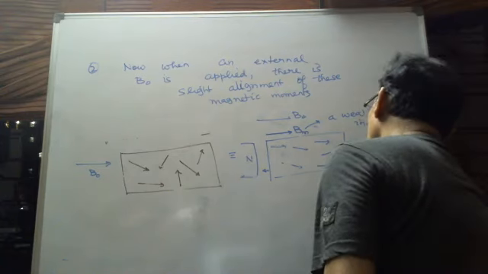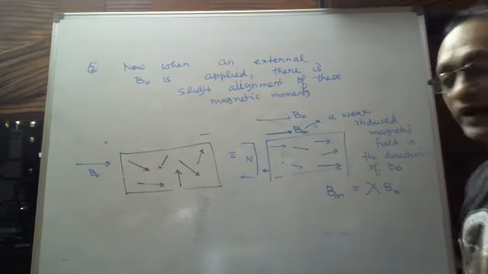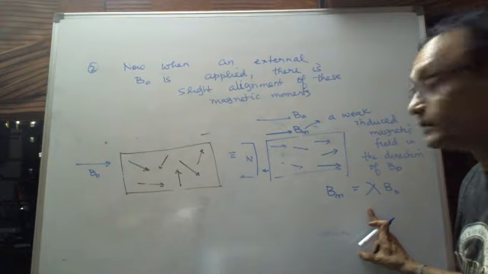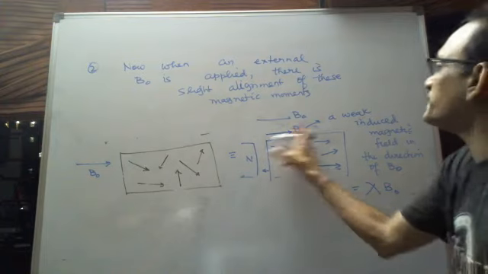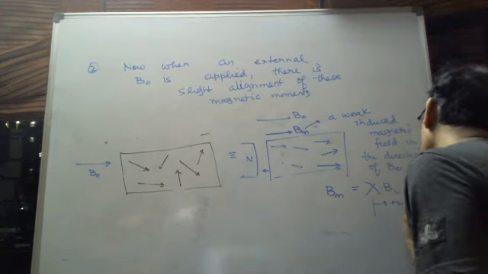For such material, Bm is chi times B0, where chi is the magnetic susceptibility. Since Bm and B0 are in the same direction, this will be positive, but small.